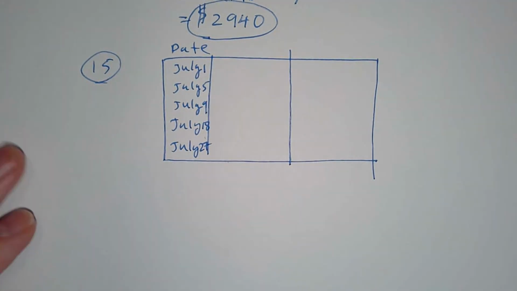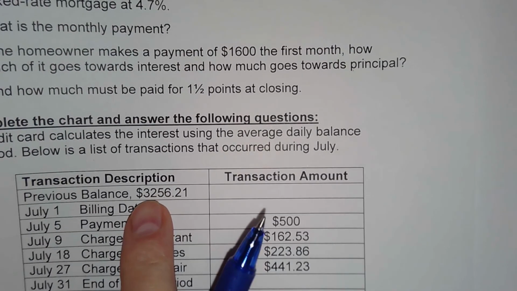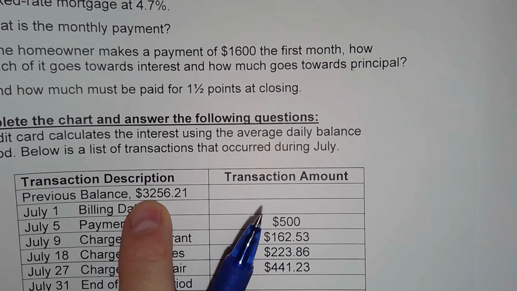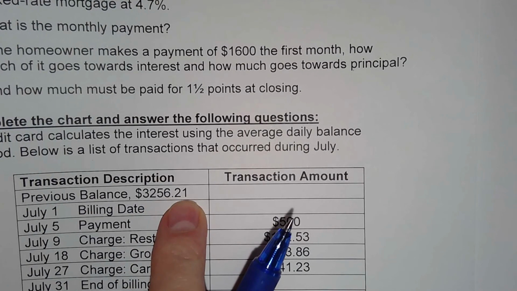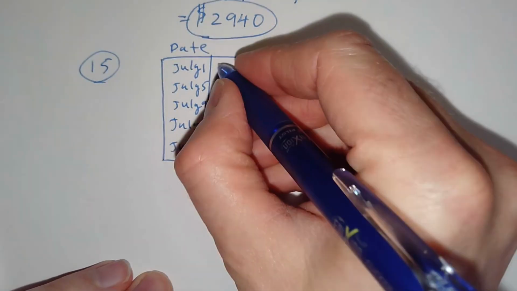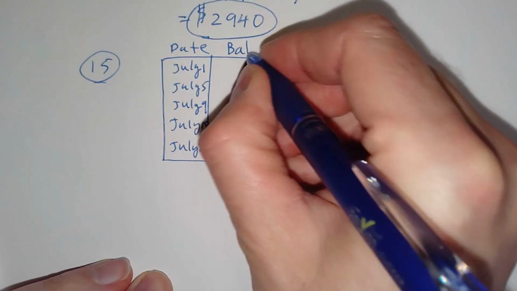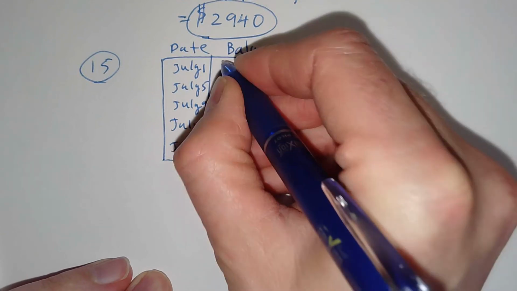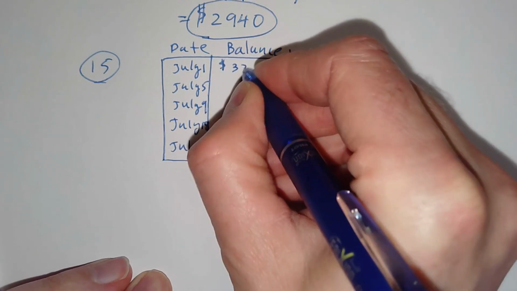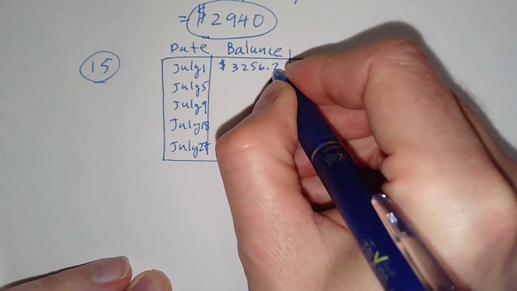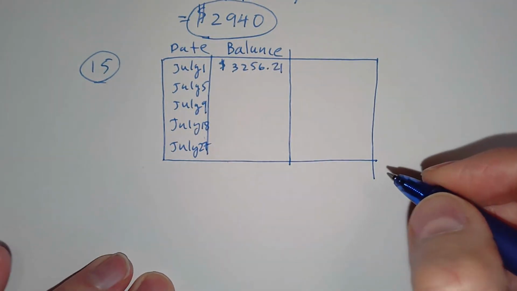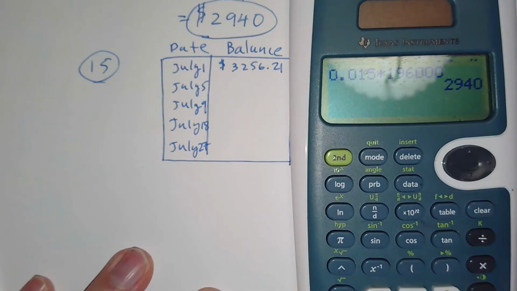And let's see. They start off with a balance of $3,256.21. So we're going to put that here. And then just kind of work on the table.